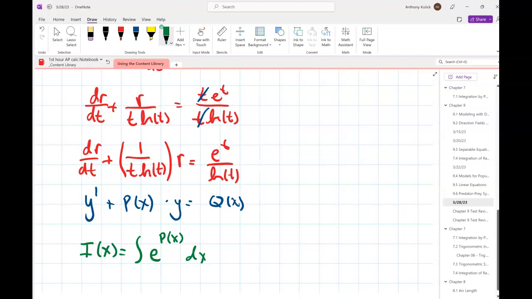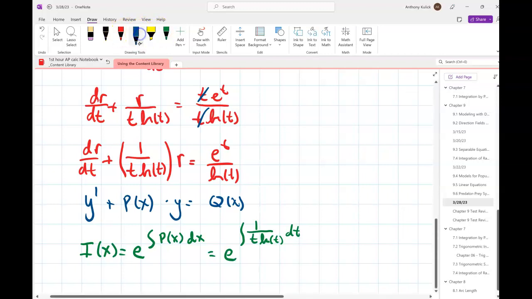To do that, I do e to the integral of p of x dx, or in our case, that's going to be e to the integral of 1 over t times the natural log of t dt. That's going to require a u substitution.